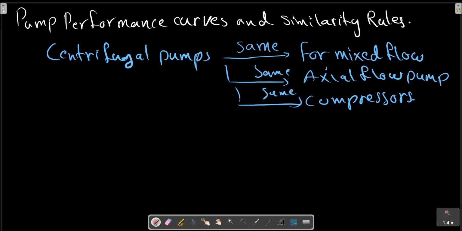Performance charts are almost always plotted for a constant shaft rotation speed n.